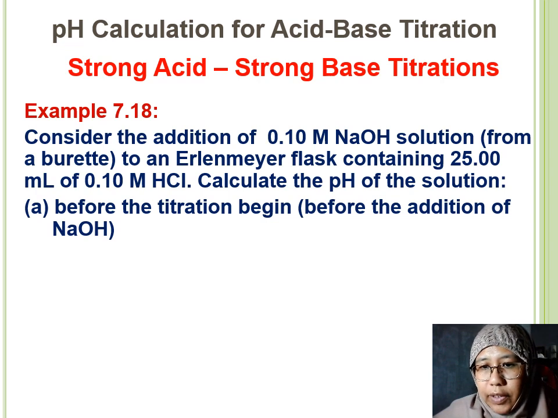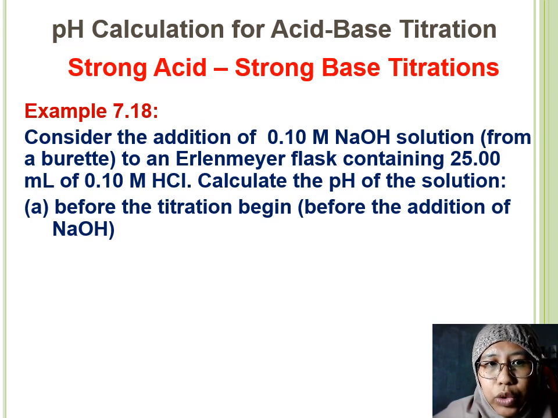Let's do example 7.18 on page 214. Consider the addition of 0.1 molar sodium hydroxide solution from a burette to an Erlenmeyer flask, conical flask, containing 25 ml of 0.1 molar HCl.